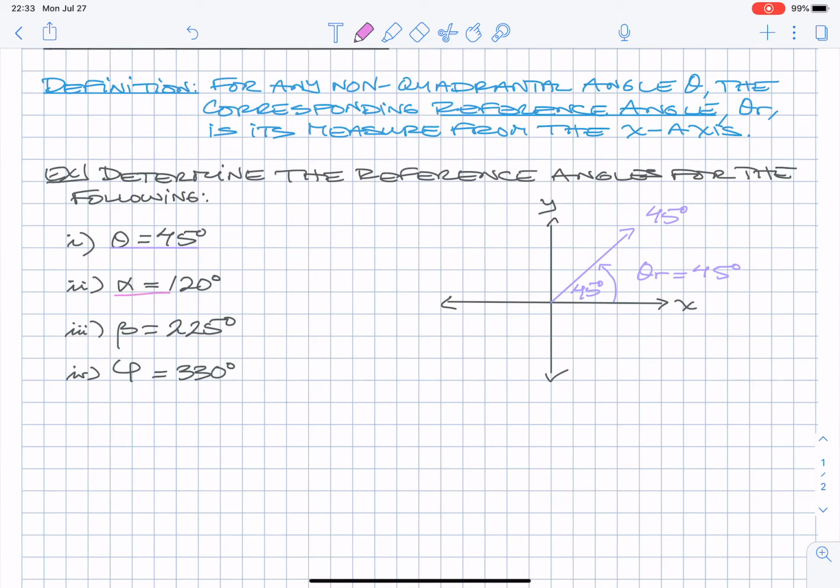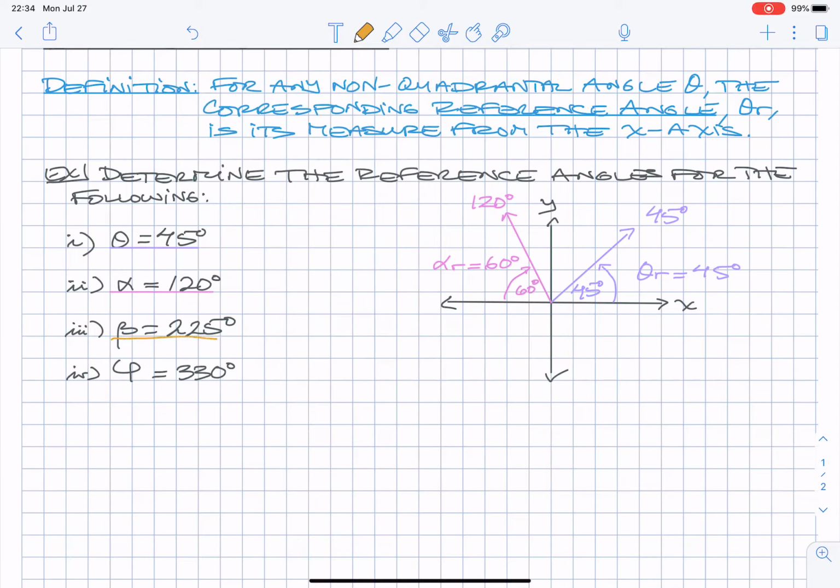Now let's plot alpha is 120 degrees. So that's going to be somewhere here in quadrant 2, 120 degrees. But that's only 30 away from 90, so this must be 60 degrees to the x-axis. So now alpha reference angle is 60 degrees, because that's how far away alpha is from the x-axis.